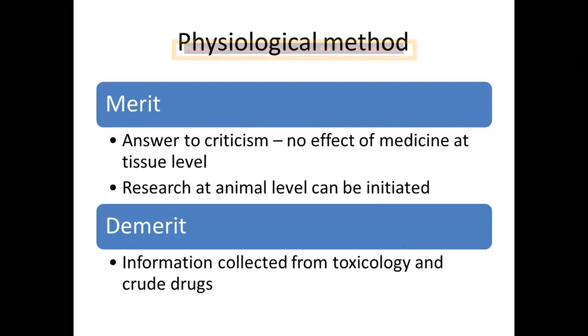Then, what are the merits and demerits of this method? Now, the homeopathic materia medica, or the science of homeopathy, is more criticized by the materialistic school by saying that there is no effect of your medicine which can be demonstrated at the level of tissue, at the level of animal.